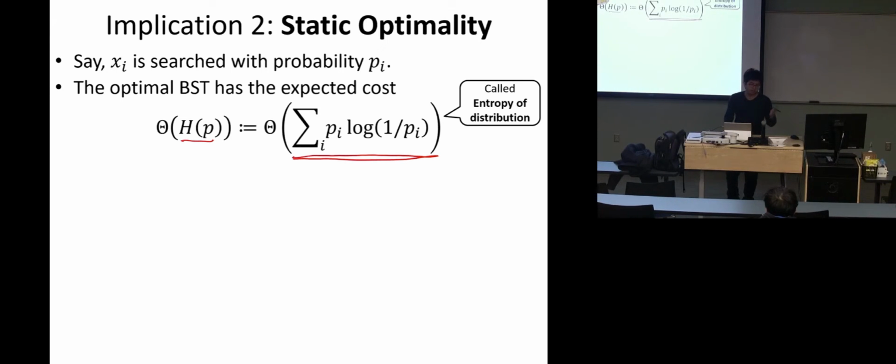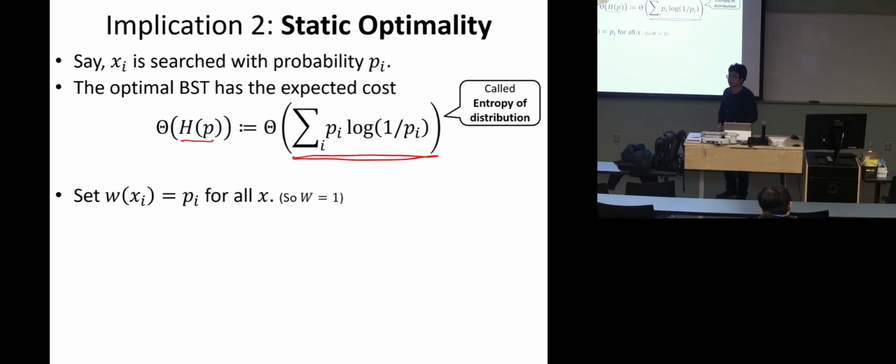Now I want to say that Splay is as good as this tree. How to do that? Just set the weight function of xi to be pi. So the total weight is now 1.